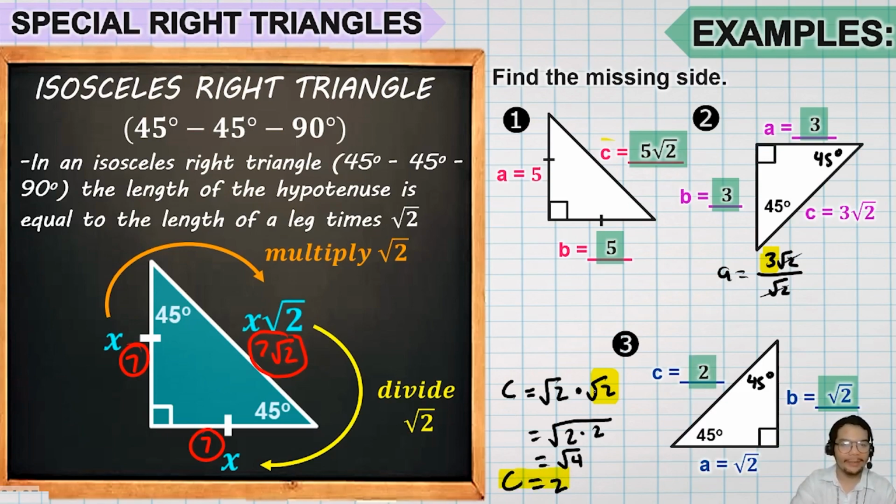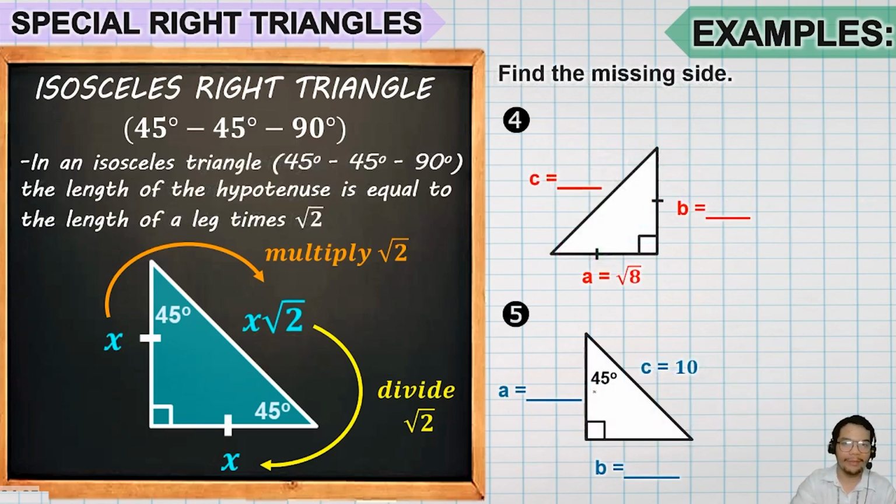Okay, let's proceed with the rest of the other examples for this given right triangle. So, find the missing side. Still, number 4, an example of isosceles right triangle. Congruent yung dalawang legs natin. Therefore, if A measures equivalent to square root of 8, anong value ng B? So, very good. It's also gonna be equal to square root of 8. But just in case, kunyari, nalagay ito sa test, wala sa choices yung square root of 8.